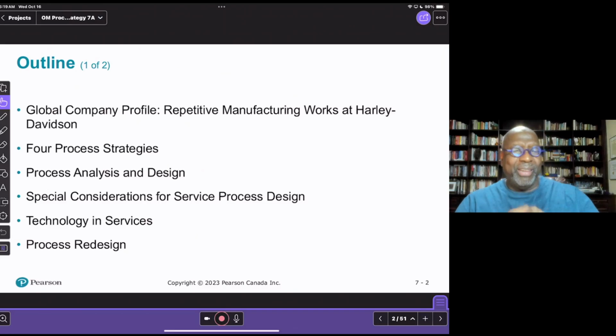Process redesign in the 1990s was a very big thing because companies wanted to improve their productivity. They wanted to improve the quality of the products and services that they produced. And because those emanate from a process, it meant that if you wanted to improve productivity, you had to take a look at your process. If you wanted to improve quality, you had to take a look at your process. So let's get started.